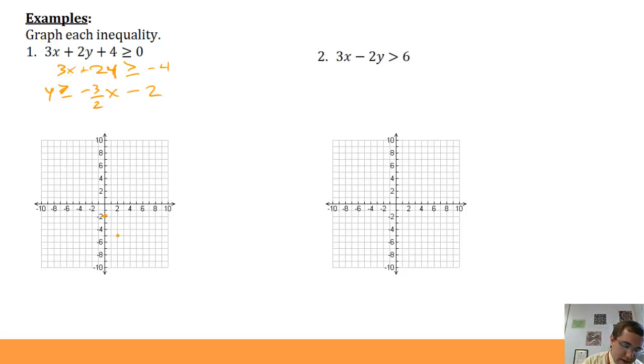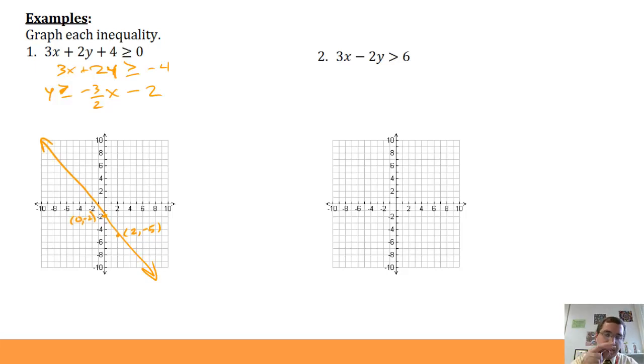That point is 2, negative 5, and my y-intercept is the point 0, negative 2. I'm going to draw the line, and I know it's a solid line, so I can draw it as such. So that's step number 1.